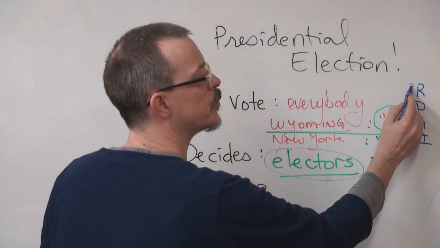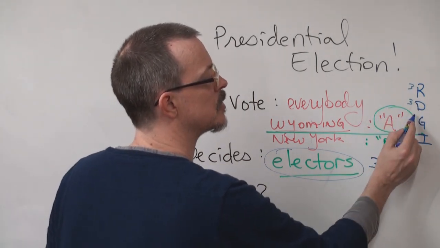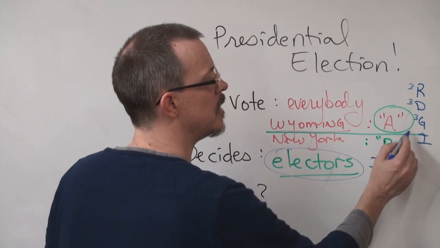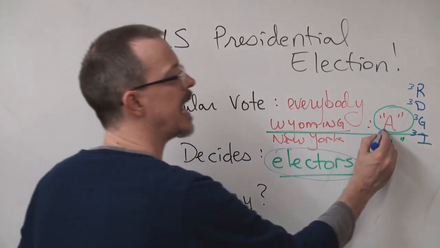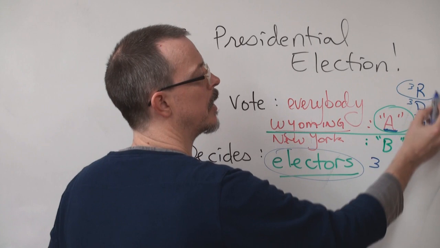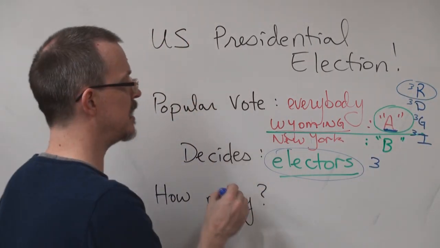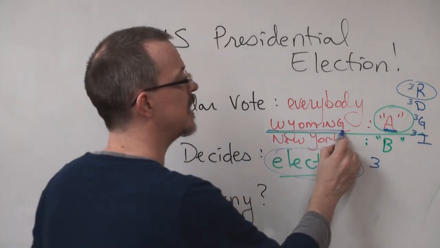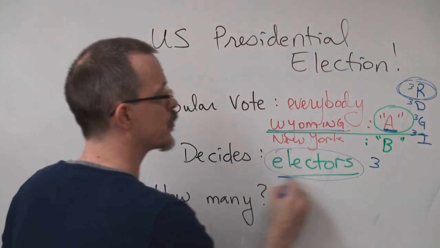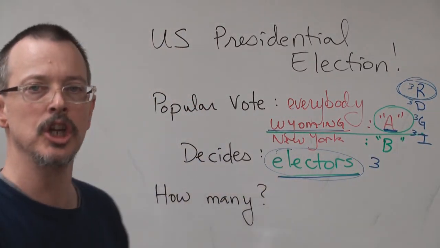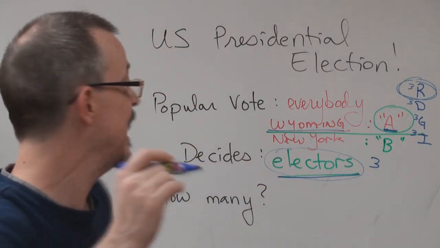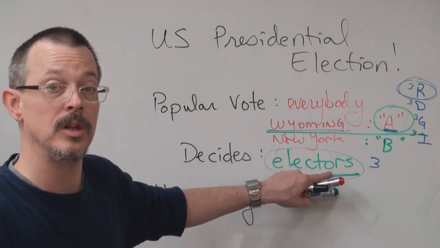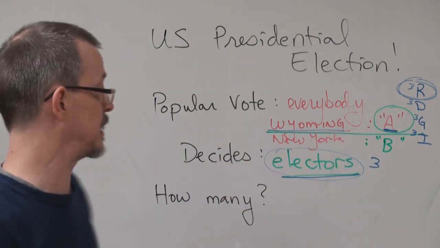So it could be they have 3 Republicans, 3 Democrats, 3 Green Party, 3 Independents, and let's say A is the Republican Party. So that means Wyoming will send 3 electors to Washington, D.C. These people will choose the president.